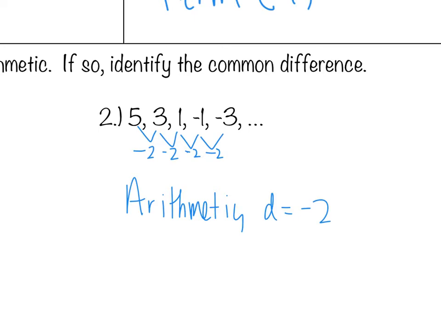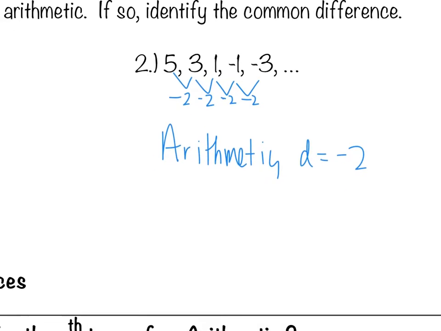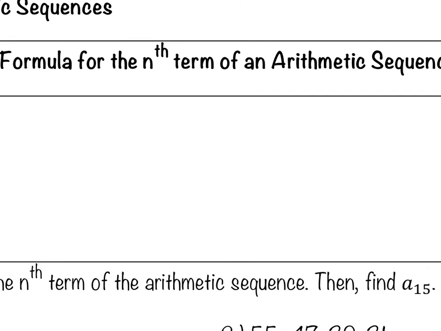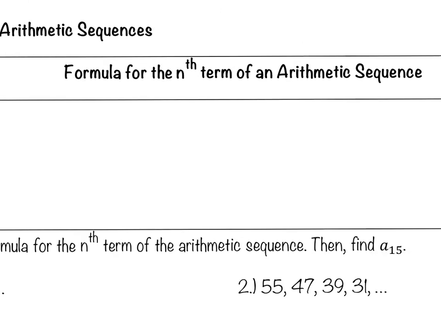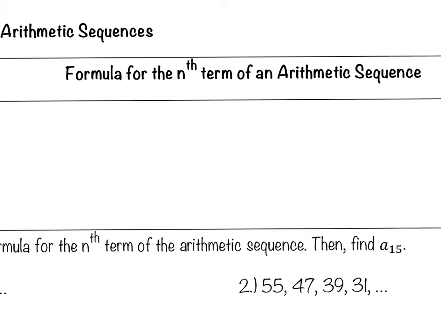So the meat of this is going to be actually writing formulas for these specific sequences. The formulas for arithmetic sequences are fairly straightforward. But then again, there's a lot of formulas in this unit. The formulas you will not have to memorize.